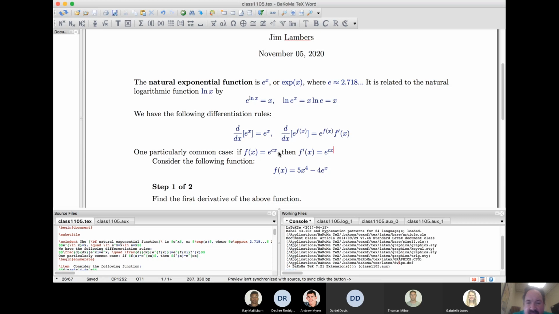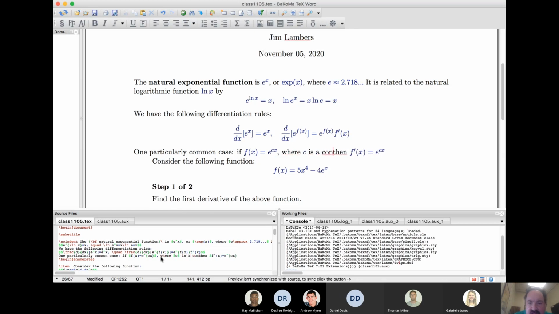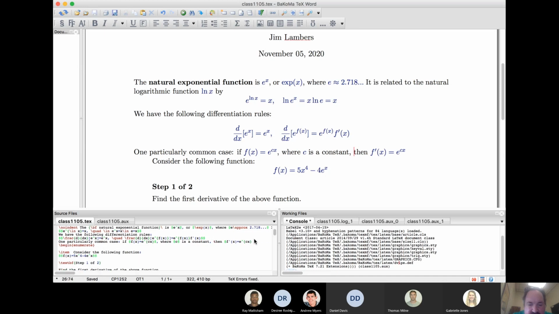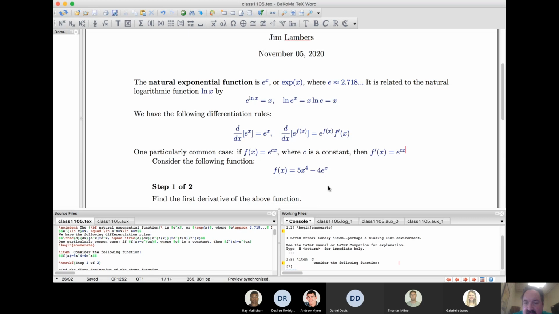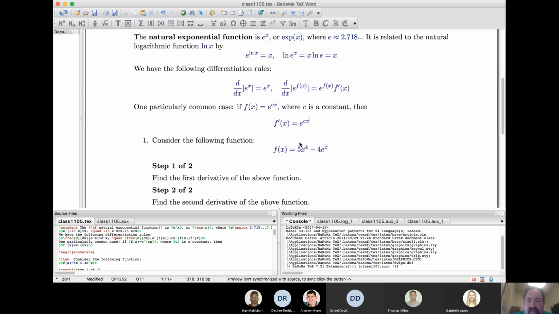Now, I want to emphasize here, c is a constant. So can anyone tell me, after I've gotten this far, using this rule, I'm not finished yet. What do I need to include here in this derivative to make it complete?